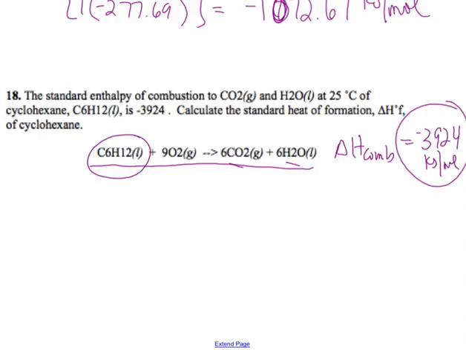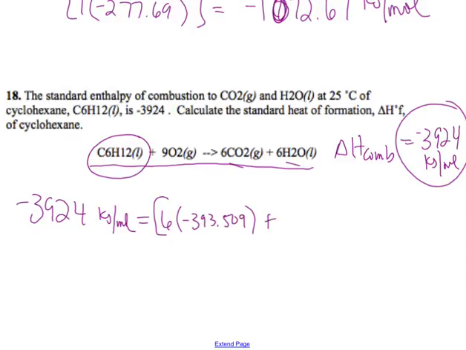So our negative 3,924 kilojoules per mole is equal to products: 6 times, I can't see it anymore. What was CO2? Thanks.